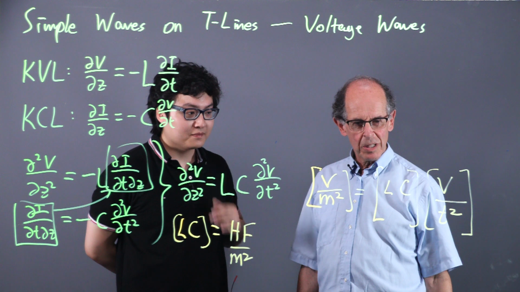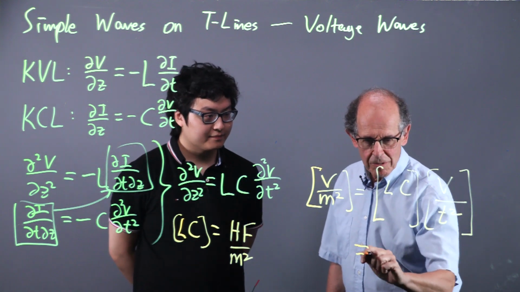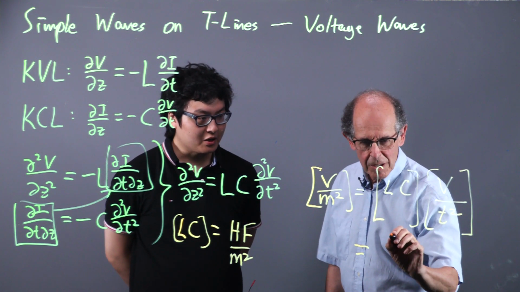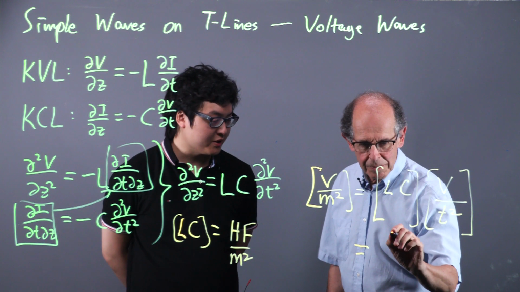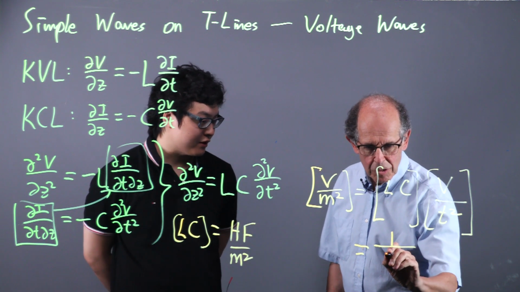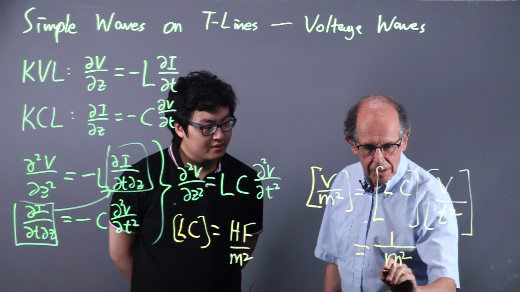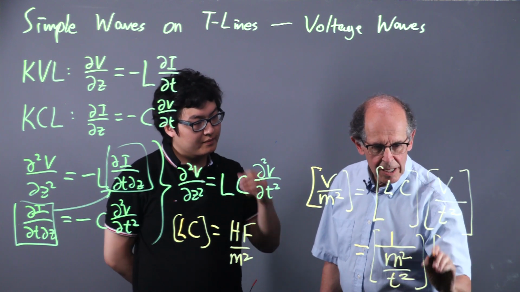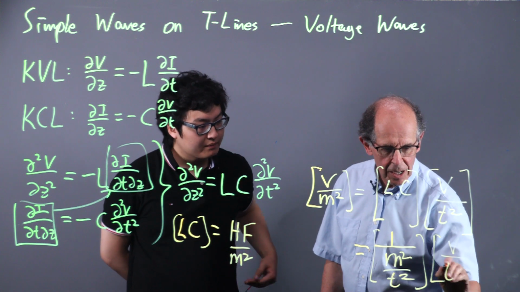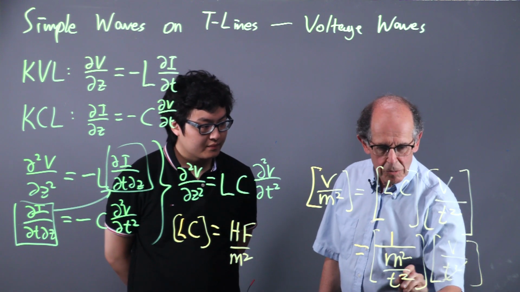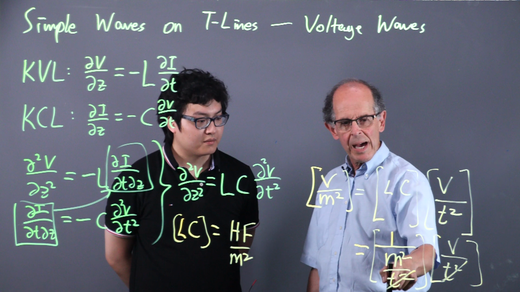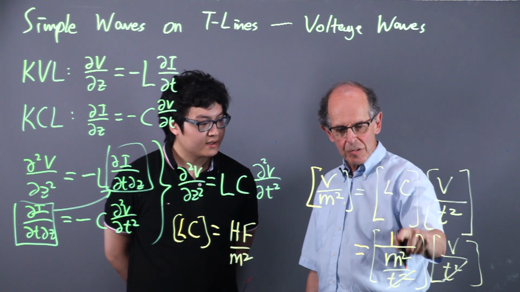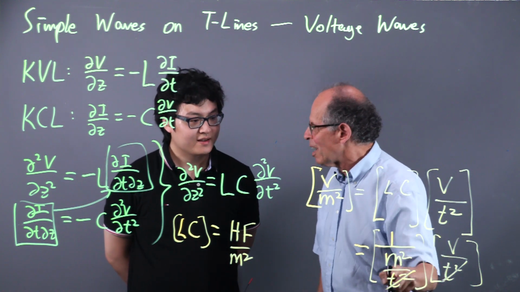So the units have to be something like time squared over meter squared, or rather something like meters squared over time squared, times voltage over time squared, and you see the time squareds cancel and the units balance. So the units of LC are meters squared per time squared.